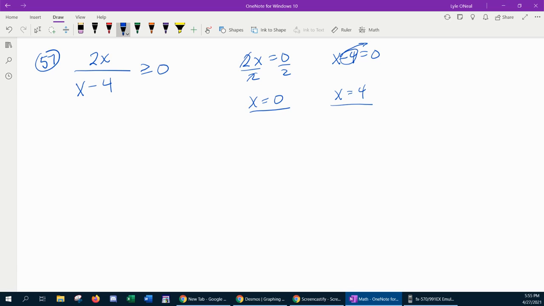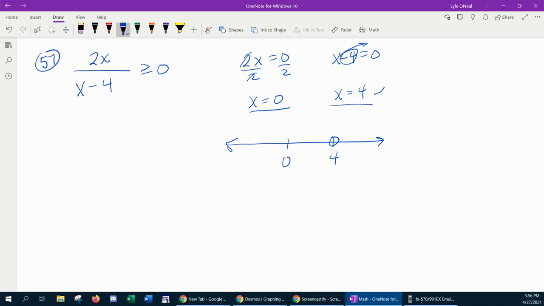Now that takes care of all of the critical points. Once you've got your critical points, you need to go to the number line. I need to plot these critical points. Please make sure you put them in the right order, 0 and then 4. And then I need to determine if they have an open circle or a solid dot. So since the 4 came from the denominator, it has to be an open circle.